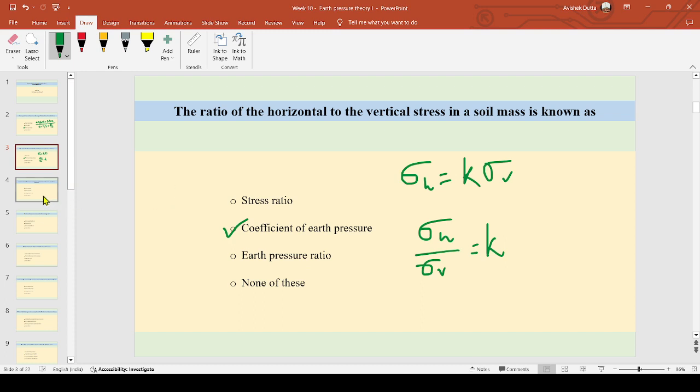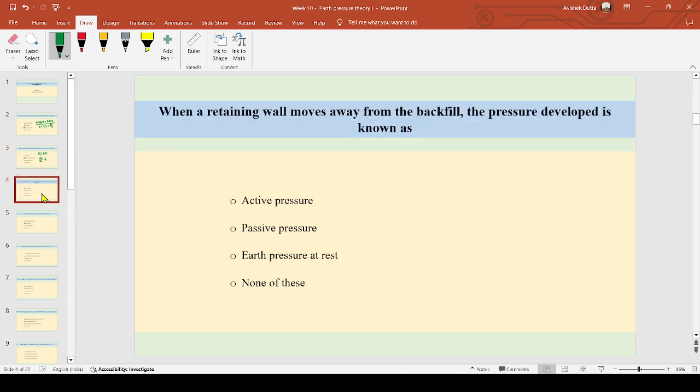Next question is, when a retaining wall moves away from the backfill, the pressure developed is known as what? Active pressure. Yes, active pressure. This is the backfill. There is a wall over here.